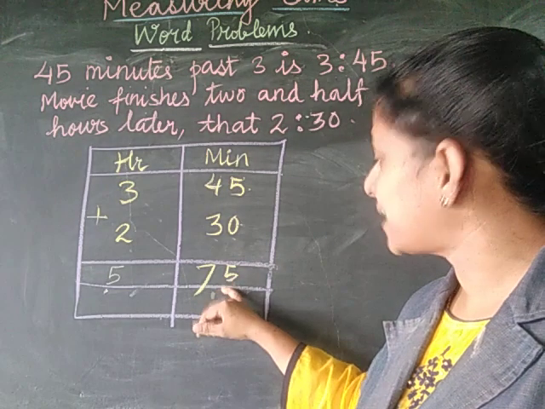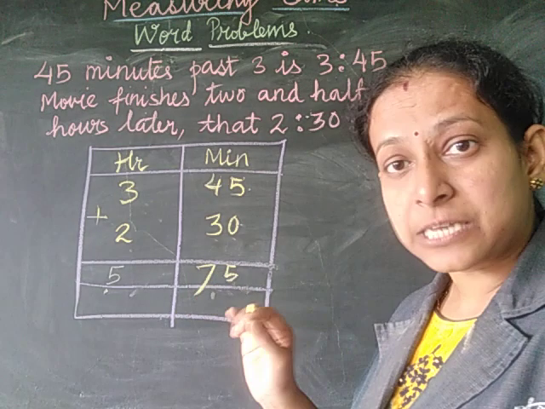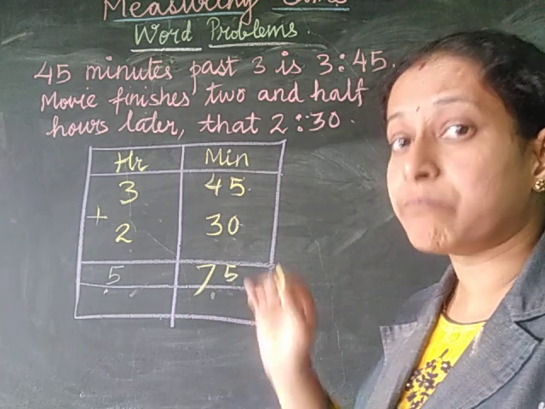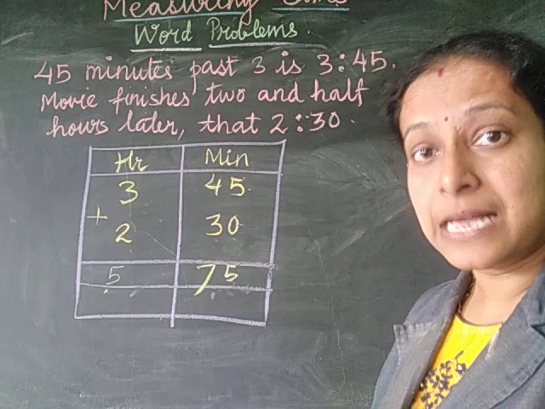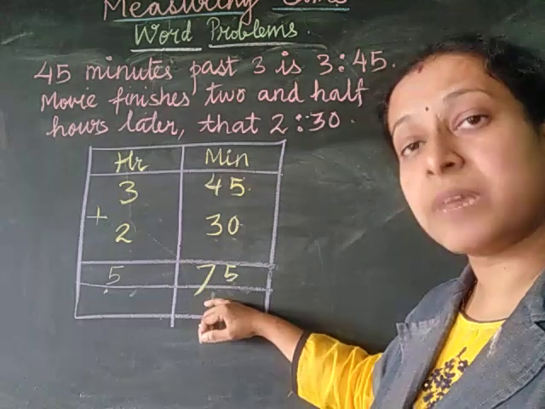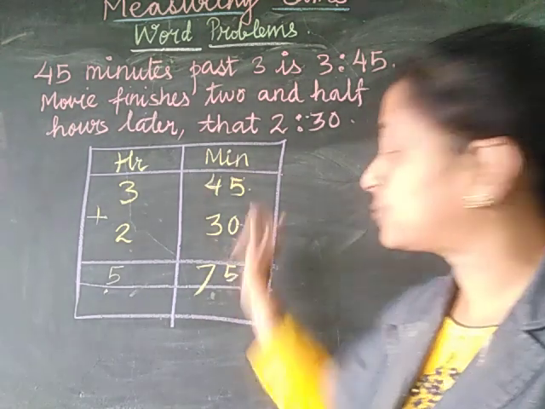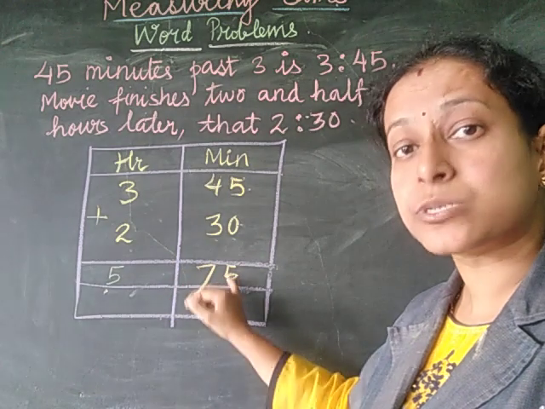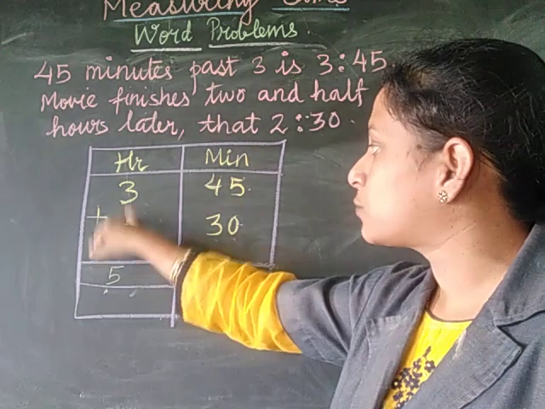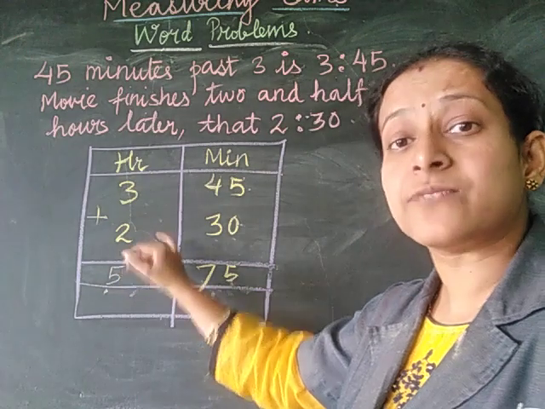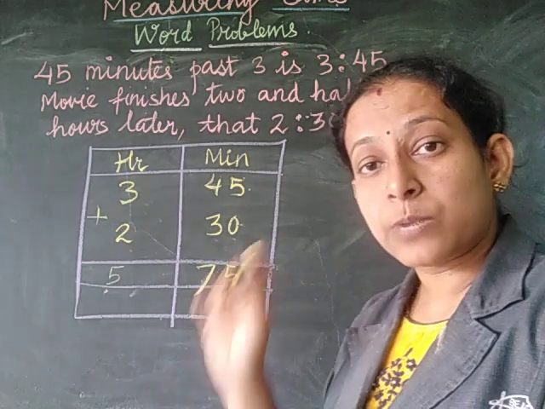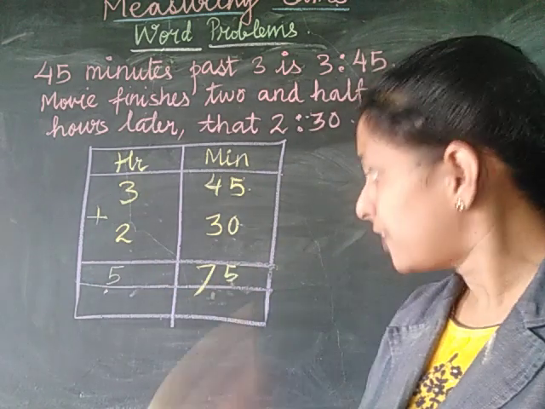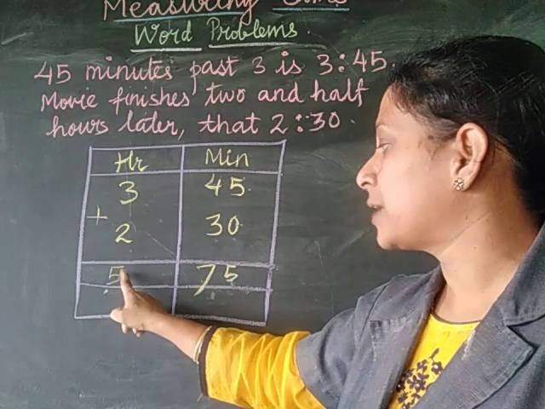We have to subtract 60 minutes from 75 and then find out how much is the time remaining in terms of minutes, and that 1 hour we have to take as extra time. Whatever 60 minutes we get here, we take it towards an hour, and it will become 1 hour. Fine. So 1 hour we can add here.